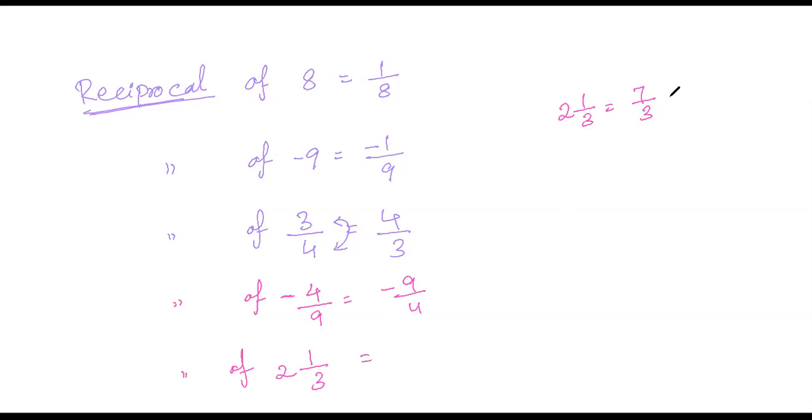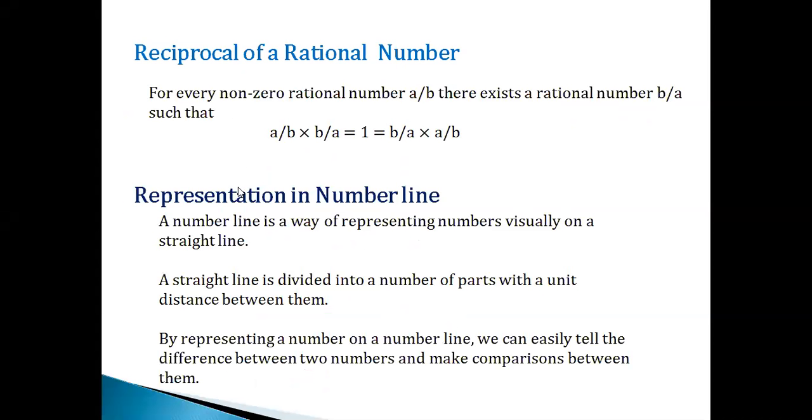So 7 by 3 flips to 3 by 7, which is the answer. So the reciprocal of 2 1/3 is 3 by 7. So this is what the reciprocal of a number is. You can see the definition there. For every non-zero rational number a by b, the reciprocal becomes b by a.